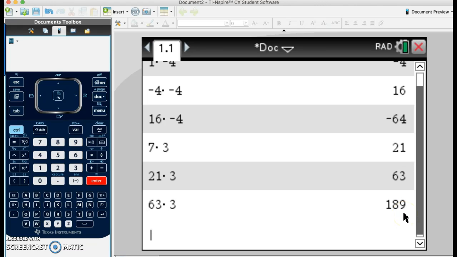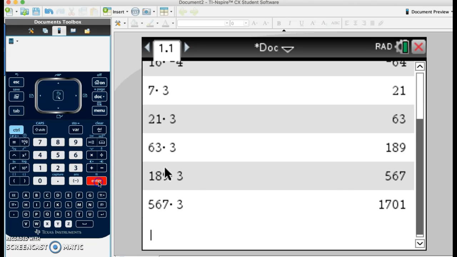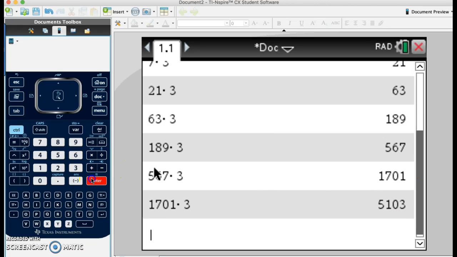So I want the next 3 terms after that. If I do times 3 again, this is the next term after 189. Times 3 again, this is the next term after 567. And then times 3 again, and that's my last term I'm looking for. So when it wants the next 3 terms, it wants 567, 1701, and 5103.